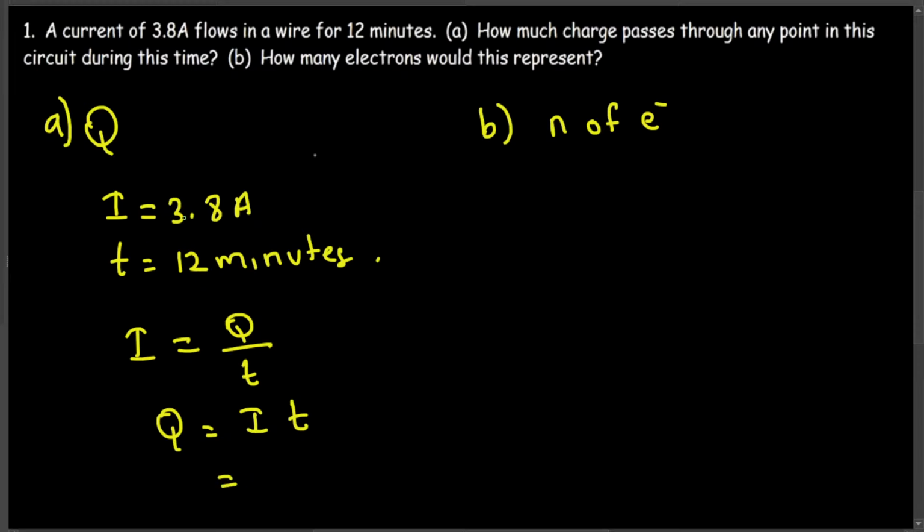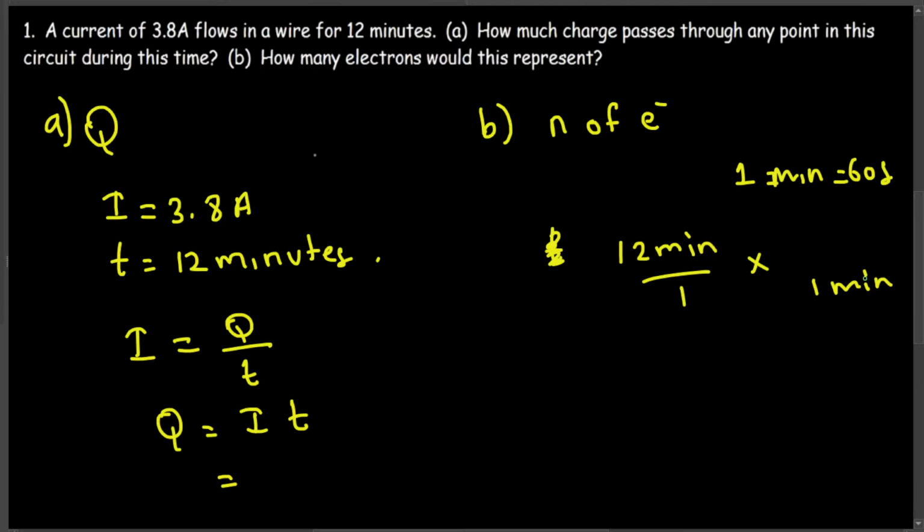We know that I is 3.8 ampere, but T is in minutes. When we apply this equation, we have to convert the time into seconds. We know that 1 minute is equal to 60 seconds. So to convert 12 minutes into seconds, I write 12 minutes divided by 1, and then 1 minute in the denominator, because we want to cancel the minute, and 60 seconds in the numerator.